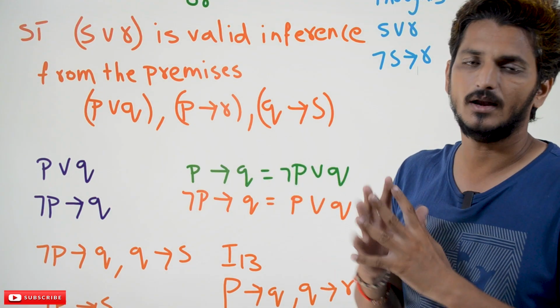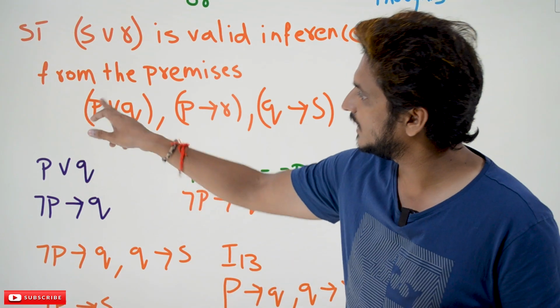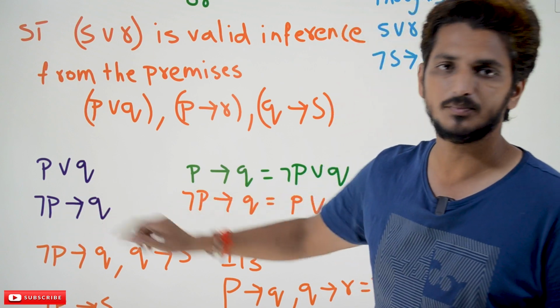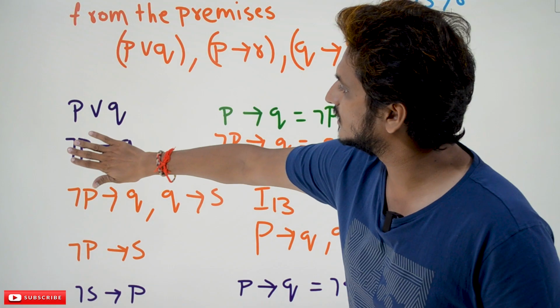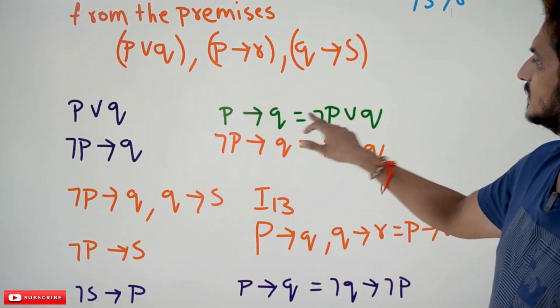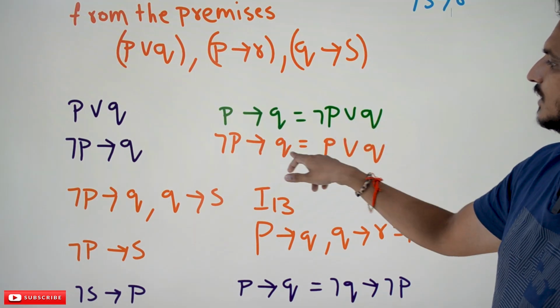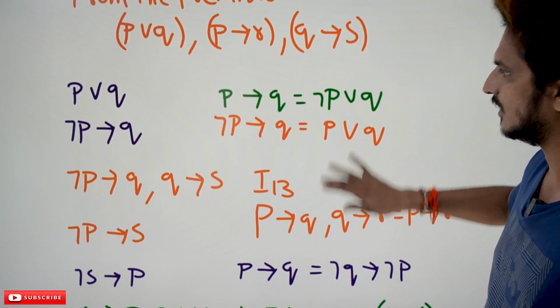In order to match that, P disjunction Q is converted into negation P implies Q. So we have the premises: this is the first premise, second and third. P implies Q can be written as negation P or Q. Negation P implies Q can be written as P or Q. These are the equivalence formulas, written for understanding purposes.